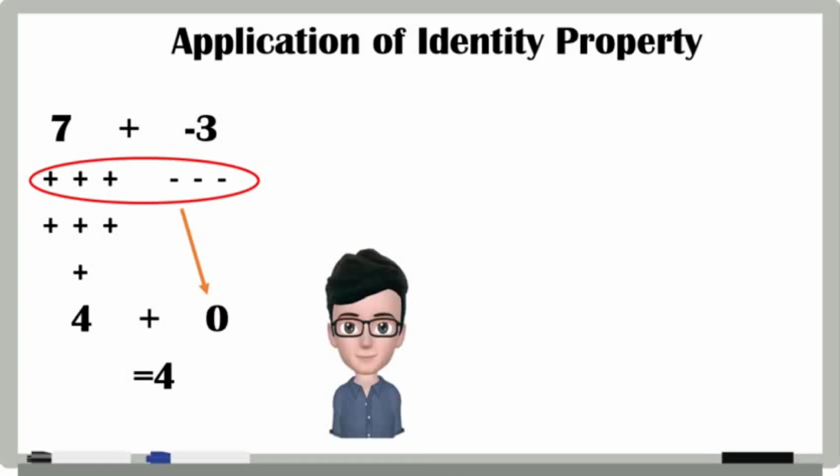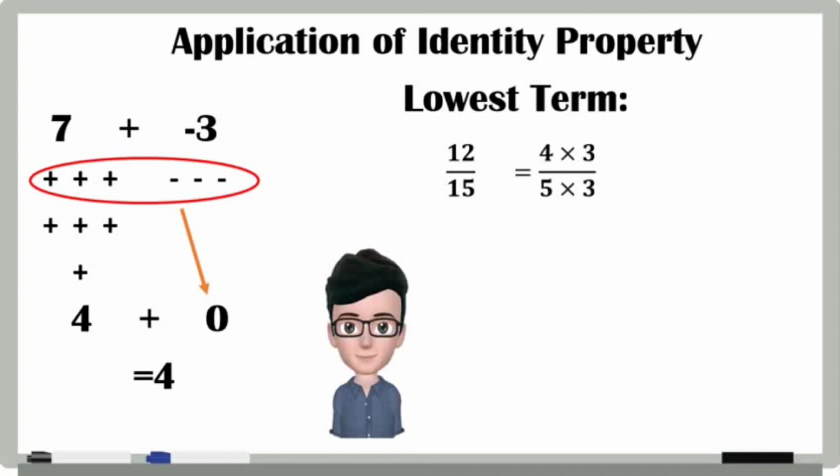And identity property is also the one responsible for simplifying fractions or expressing a fraction in its lowest term. For example, 12 divided by 15. So, paano ba tayo nag-lowest term? Hinahanap natin yung greatest common factor. Or we can express 12 and 15 as product of a certain number and their greatest common factor.